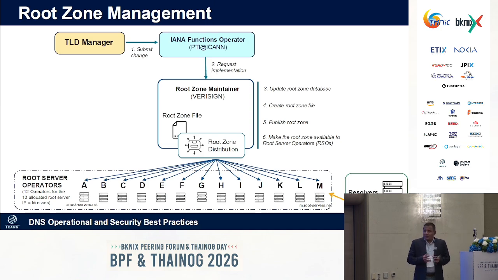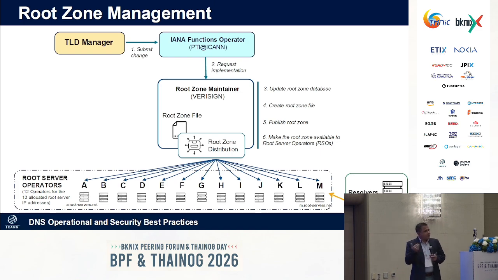IANA manages the root zone, so you send the request to IANA and IANA does the change. There is a contract between IANA and VeriSign, and VeriSign maintains the root zone. IANA goes through the verification checks and then passes the request to the root zone maintainer, which is VeriSign.